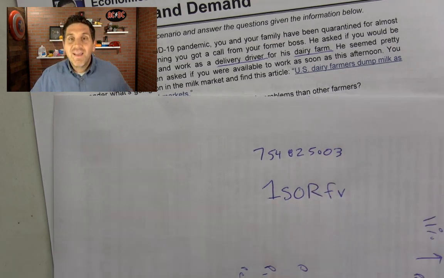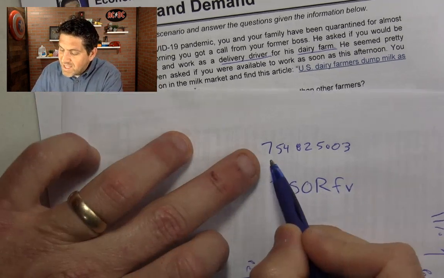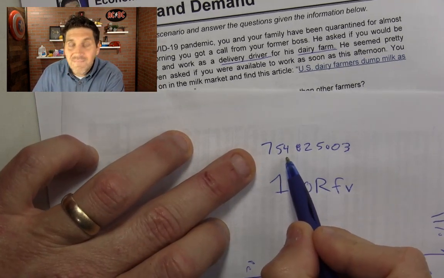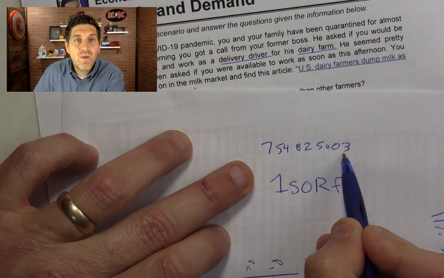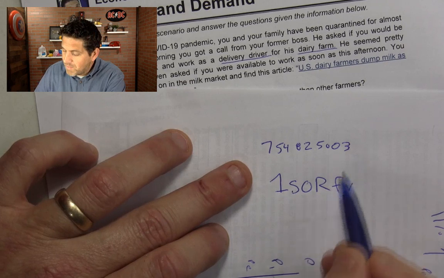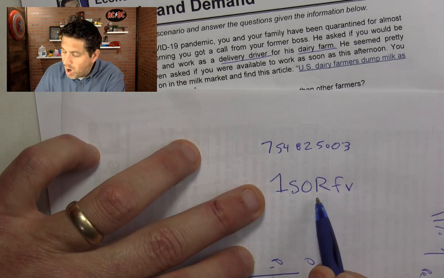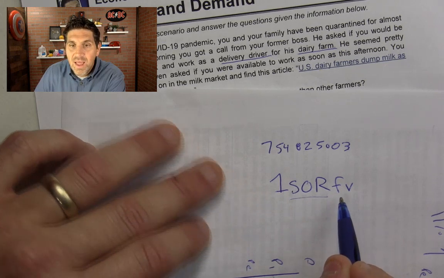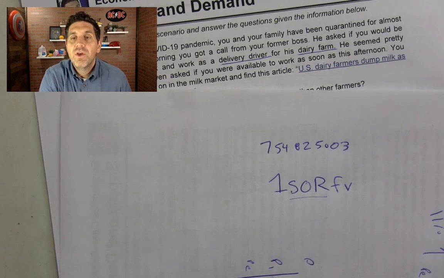I really am. I just type all day long. So again, 754-825-003 is the invitation number. The password is 1SOR. These are all capital. FV, those are not capital. Okay, so jump on in if you can.